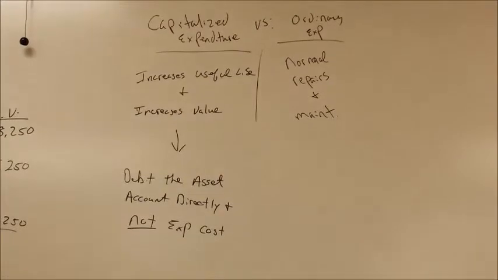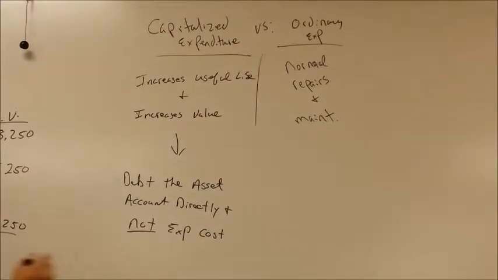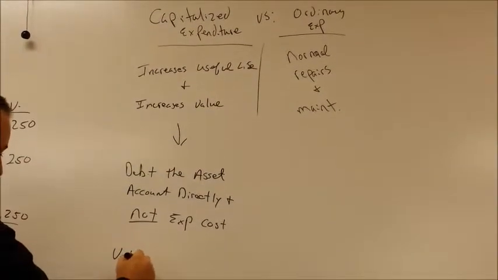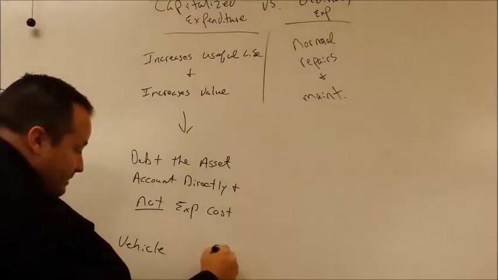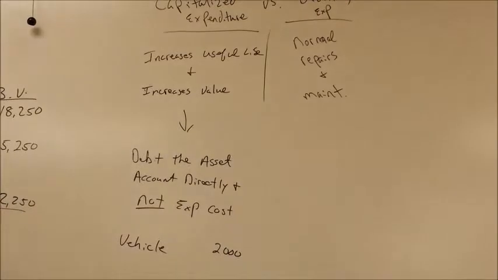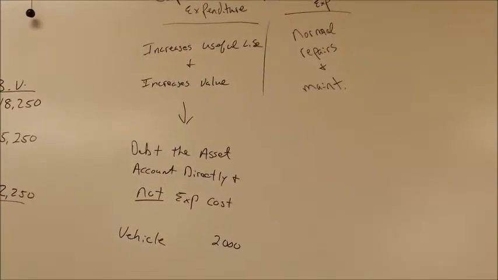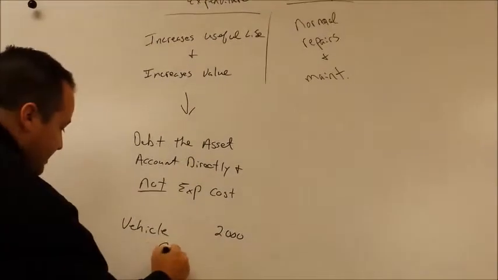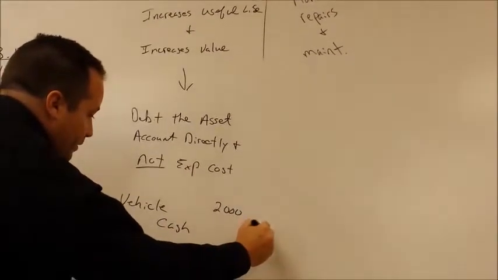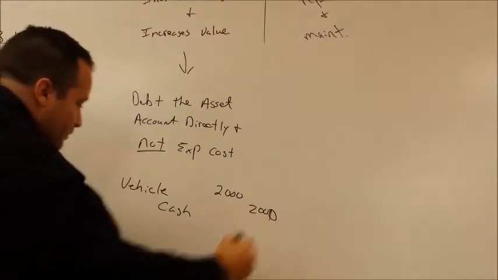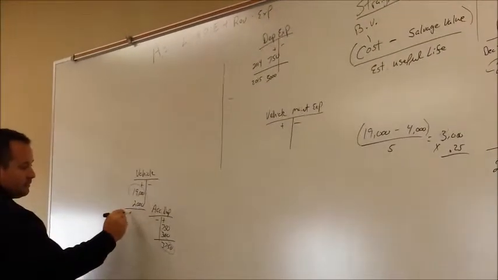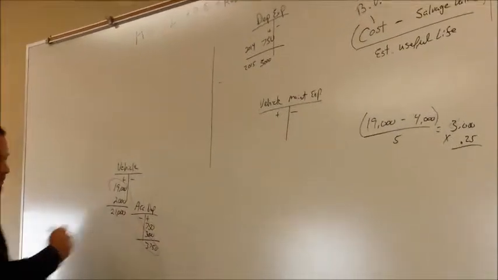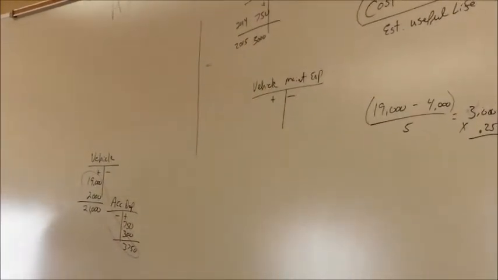So if I bought an engine for $2,000, I would debit vehicle, my car, and I added $2,000 to the price of that car, the value of that car, and say I paid cash for it. So I would come over here and put $2,000 in my T account.